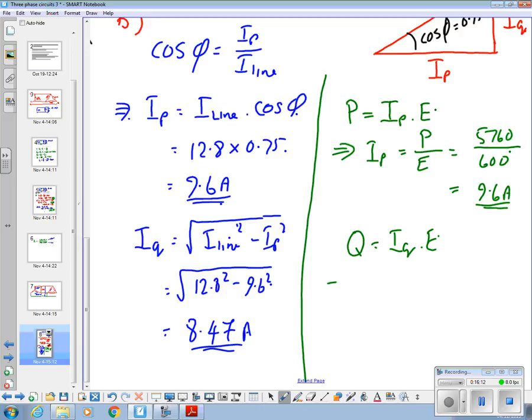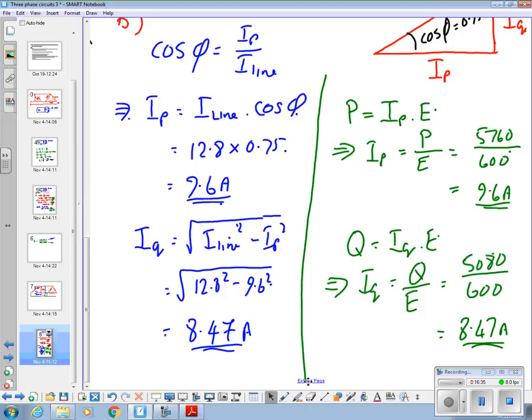That rearranges to IQ is equal to Q over E, and the figures for that were 5080 over 600, and the answer to that is exactly the same, 8.47 amps. So unless you're asked to do it in a specific way, either is equally as good. Same marks will be given for doing it that way and doing it that way. Okay?